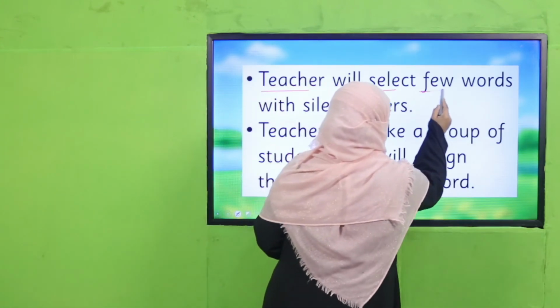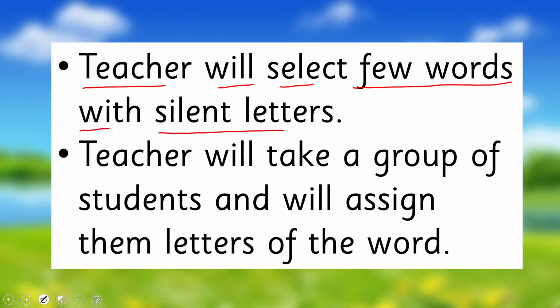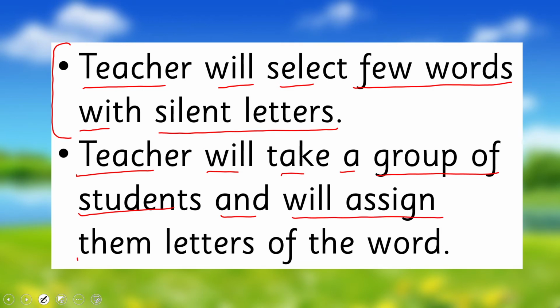Teacher will select a few words with silent letters. Teacher, I have given a few words in the lesson plan; you may take them from the lesson plan, or you can select words of your own. And then teacher will take a group of students and will assign them letters of that word.